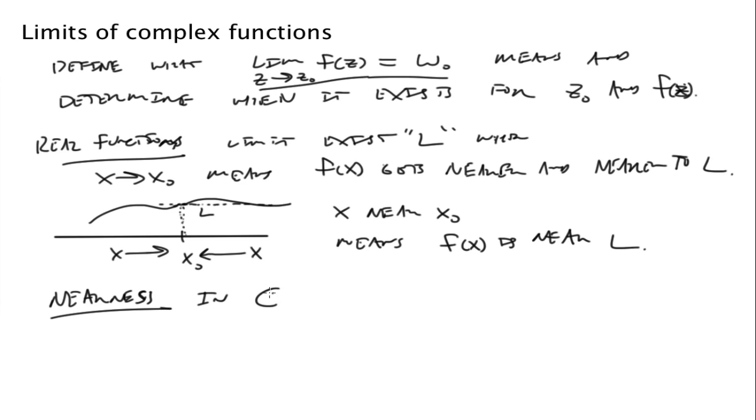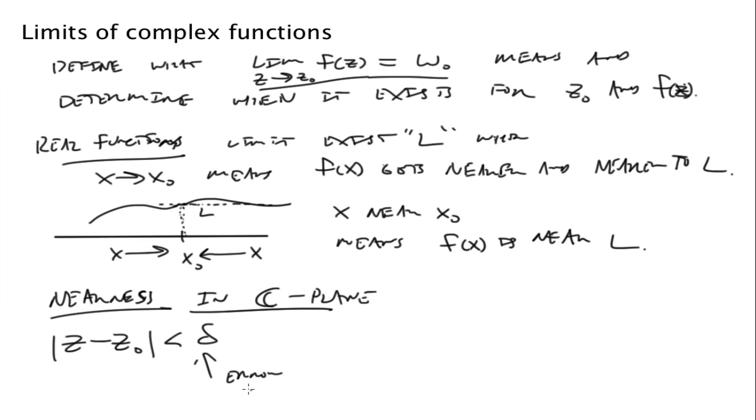Okay. So of course we've already talked about this notion of nearness in the complex plane. So we can write that as z is near z naught when it's less than some error tolerance, delta.